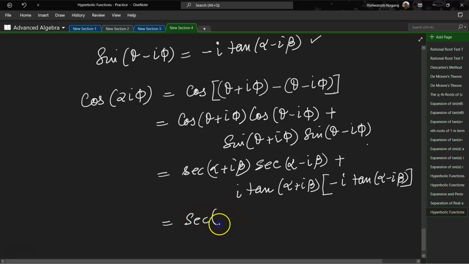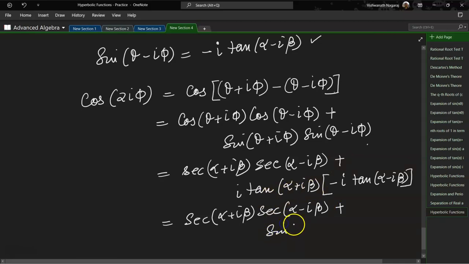Let sec be as it is, sec(alpha + iβ) sec(alpha − iβ), plus, now i times i is i squared, which is −1, and minus times minus is plus, so this remains plus, and we have tan(alpha + iβ) tan(alpha − iβ).